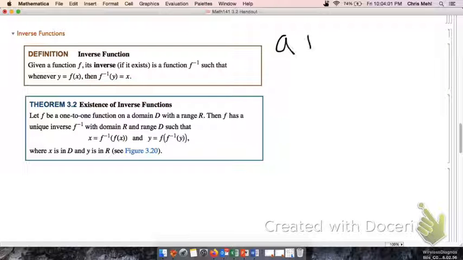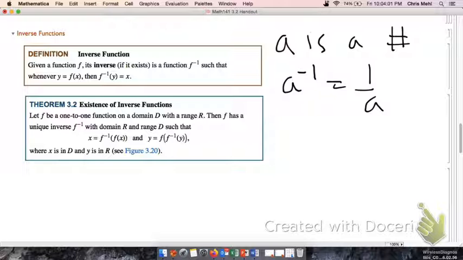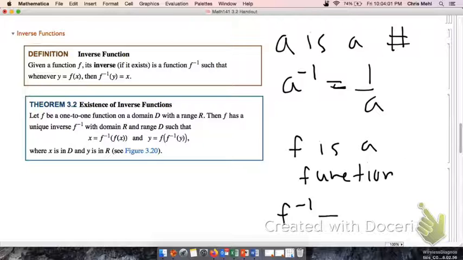If a is a number, a to the minus 1 is 1 over a. But if f is a function, f to the minus 1 wouldn't even really make sense that way. It's not the reciprocal 1 over f. So just make sure that you understand the context.